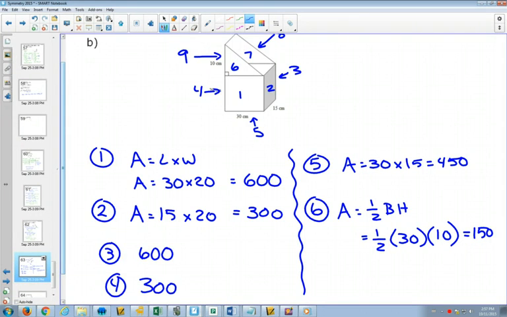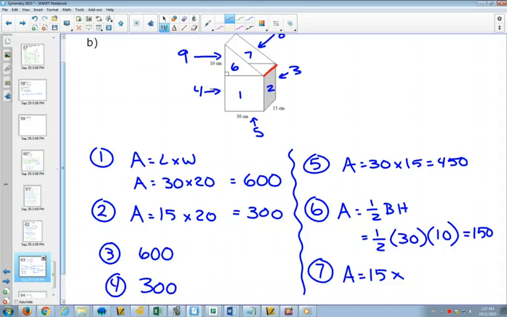And then we get to shape 7. Shape 7 is the hard one. Can you see it's a rectangle? That slanty side is a rectangle. Can you see that one side is 15? So on the slanty one, we know this side here is 15.